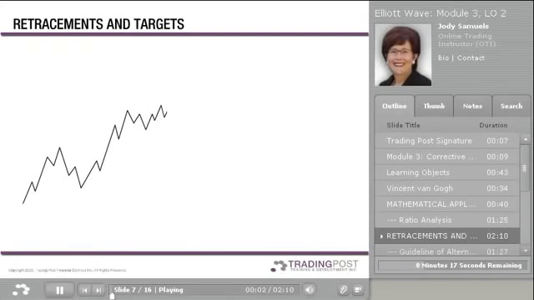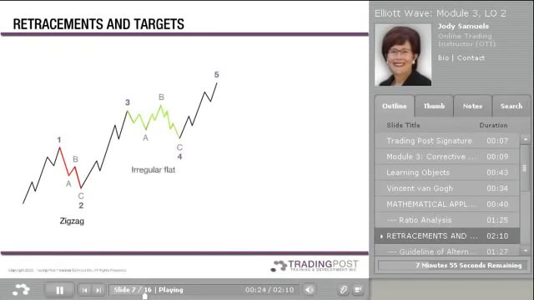Take a look at this 5-wave sequence labeled 1 ABC 2, 3 ABC 4, and 5. First, a comment about that sequence. We just learned all about corrections and the forms they may take. Here we have a wave 2 correction, which is a zigzag and very typical of wave 2s.